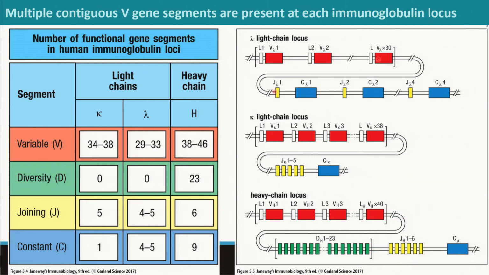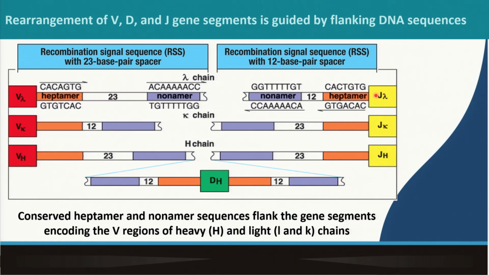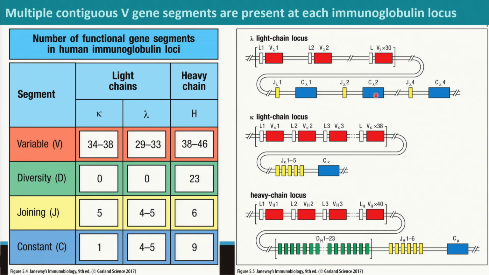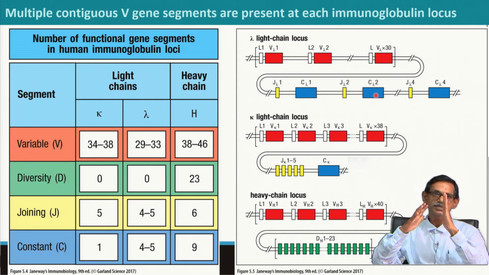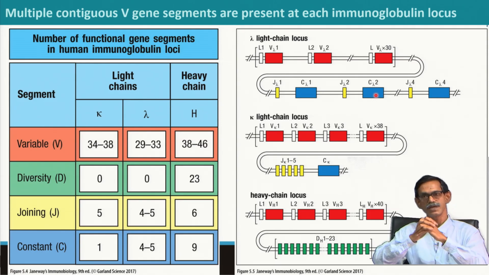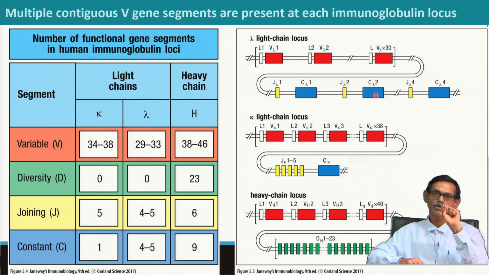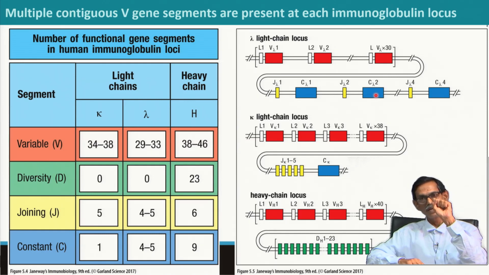So, lambda is this. Now, before going further, if you think about the variable region, say I am considering only kappa. For example, I have 30 variable regions and 5 joining regions.